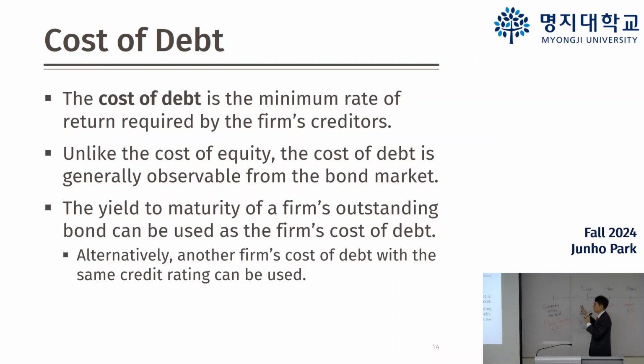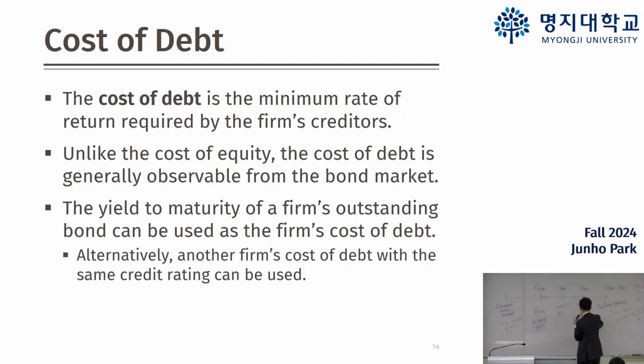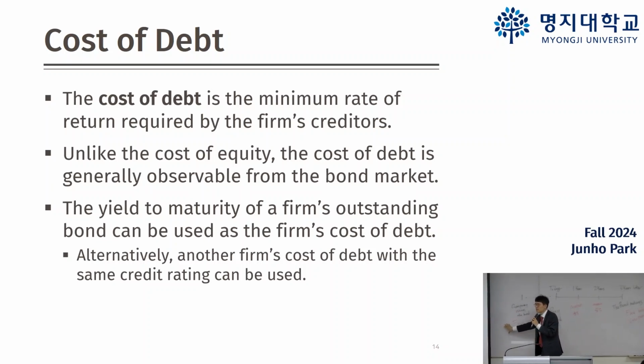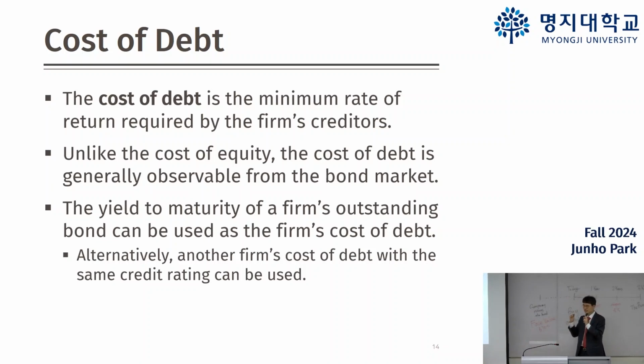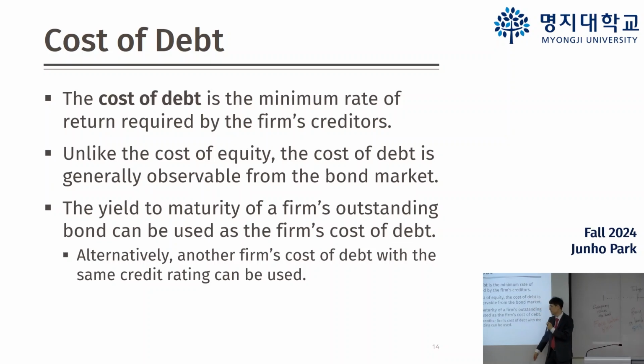In that case, you can find out the yield to maturity and use it as the cost of debt. However, other companies may not have existing bonds. Then it is very tricky because you don't have the yield to maturity information. In that case, you can alternatively use another firm's cost of debt.